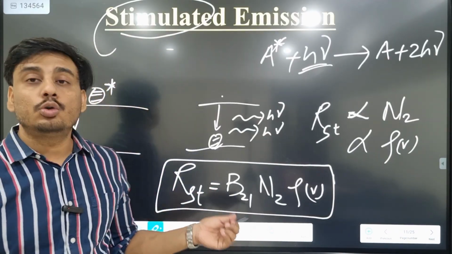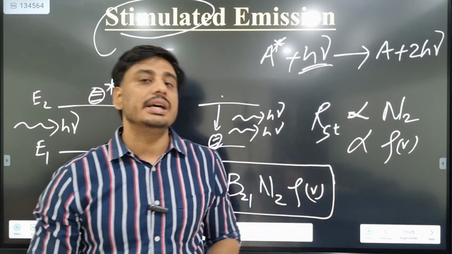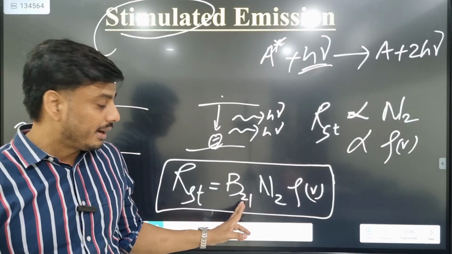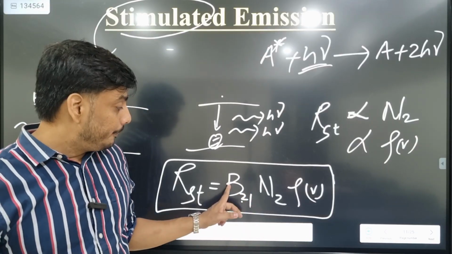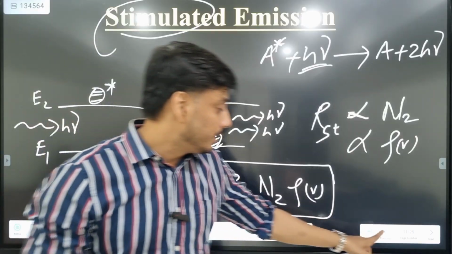A and B are always known as Einstein's coefficients. So B21, B12 and A21, all these are Einstein's coefficients. Always remember, here we have written B21, that is the particles are moving from 2 to 1. The symbol B is used when energy is involved.